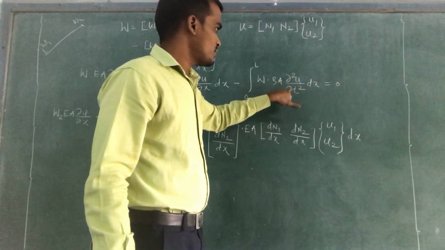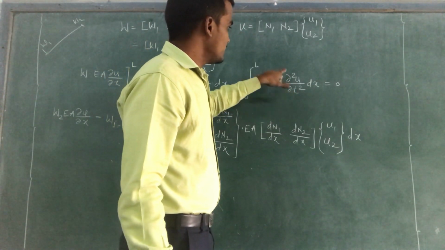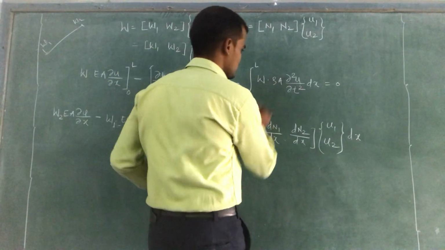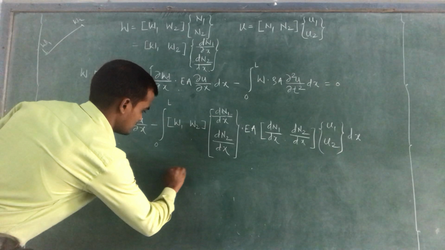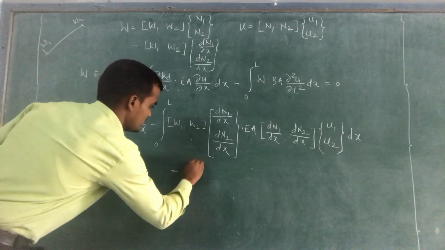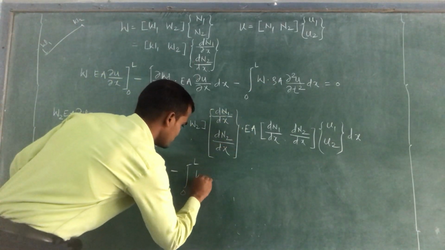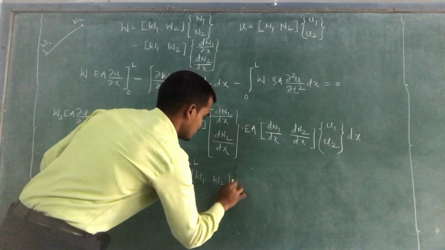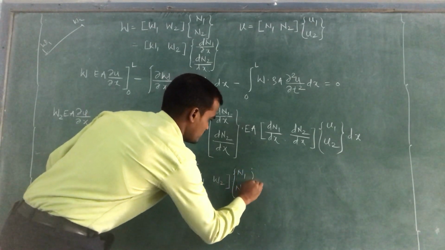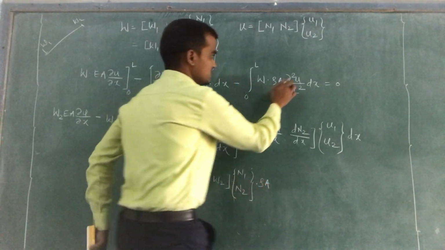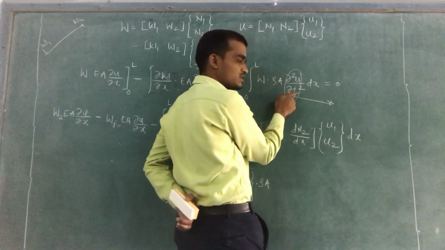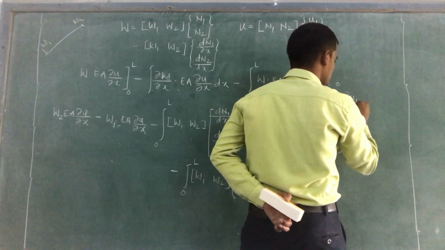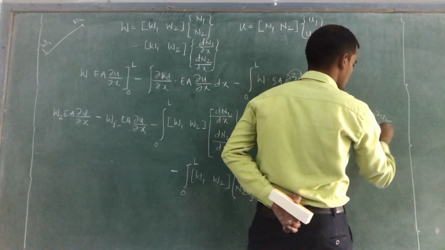Now, in this case, ∂²u/∂t² is a function of t, so we need to write ∂²u1/∂t² and ∂²u2/∂t². So we will write this term as minus integration 0 to L of [w1 w2] into [N1 N2] into rho A, with respect to t, ∂²u1/∂t² and for the second node ∂²u2/∂t².